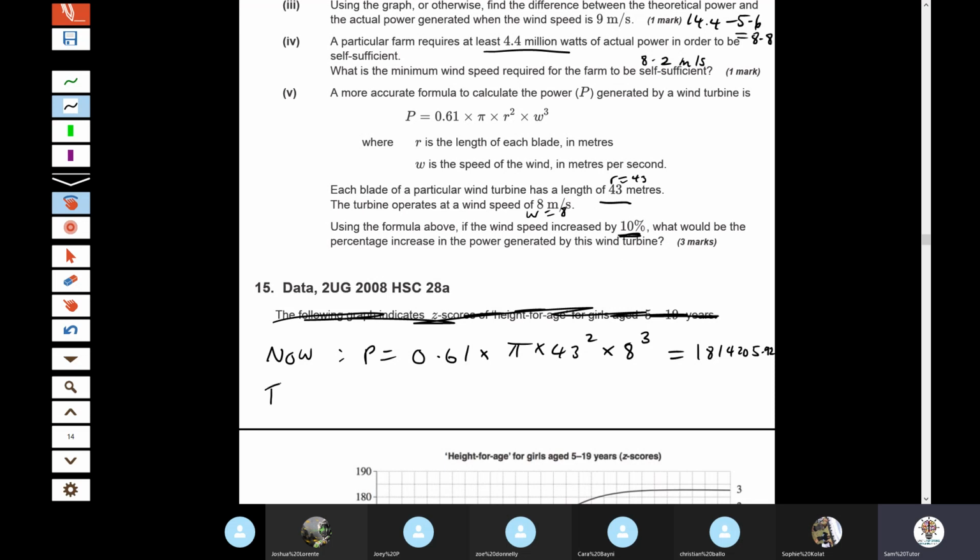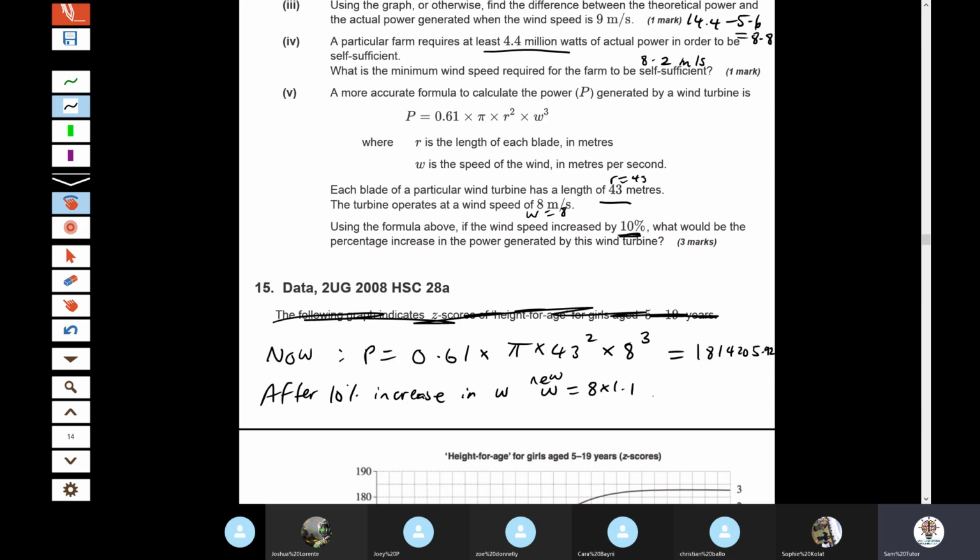Now, after a 10% increase in W, what would W be? My new W would equal 8 times 1.1, right?